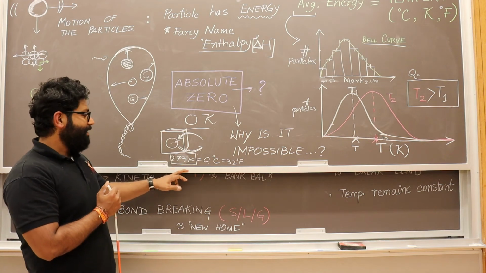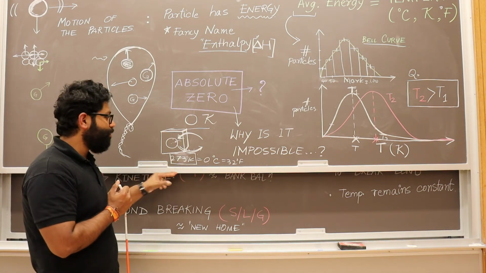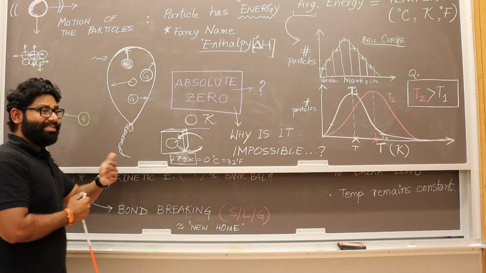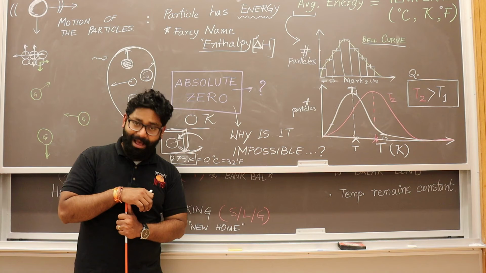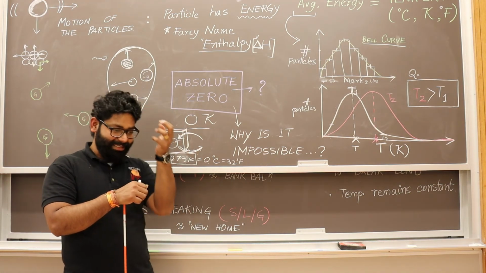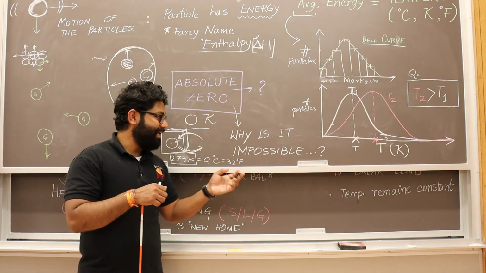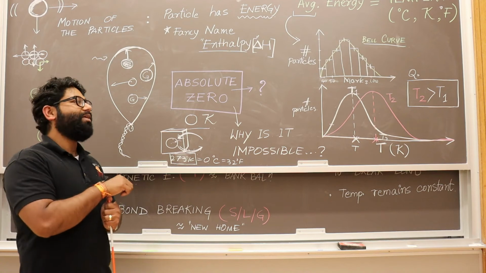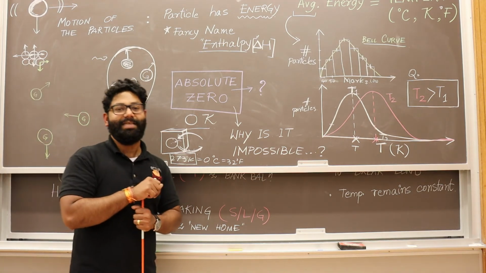Now, when you have more temperature, there's more energy and it's free to move, okay? So when you decrease the temperature, the kinetic energy drops. You have less energy, it's less free to move, and therefore it has less and less temperature. Now, what will happen if you keep on decreasing the temperature?